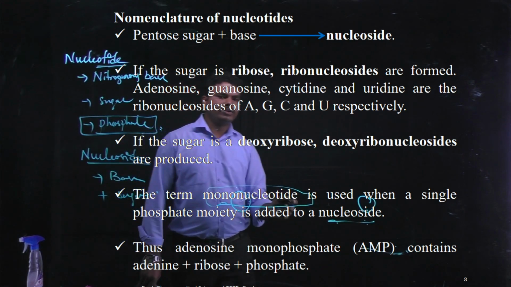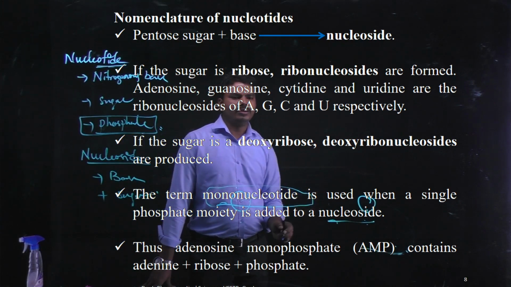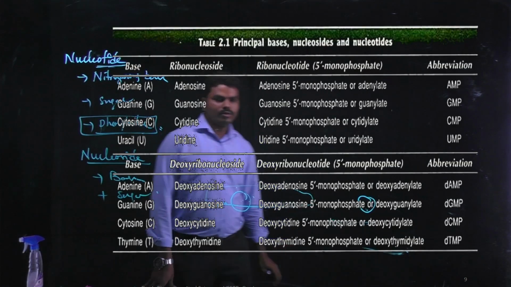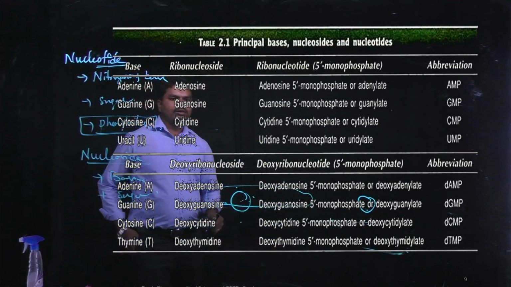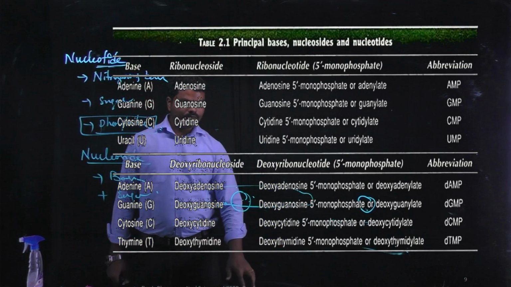Adenosine monophosphate is one of the nucleotides, also denoted by AMP. Here we can see the different types of nucleosides and nucleotides which are present.